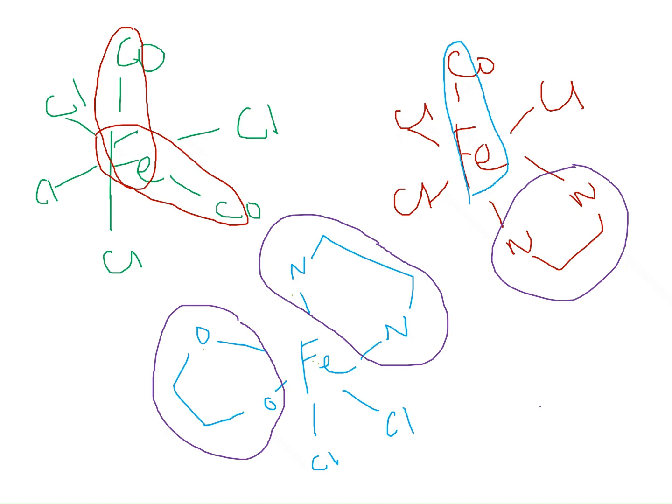In the green structure, all these ligands are monodentate, because the ligand coordinates to the metal through one atom, like chlorine and carbon monoxide. The same goes for this structure: there are 4 monodentate ligands, 3 chlorines and 1 carbon monoxide.